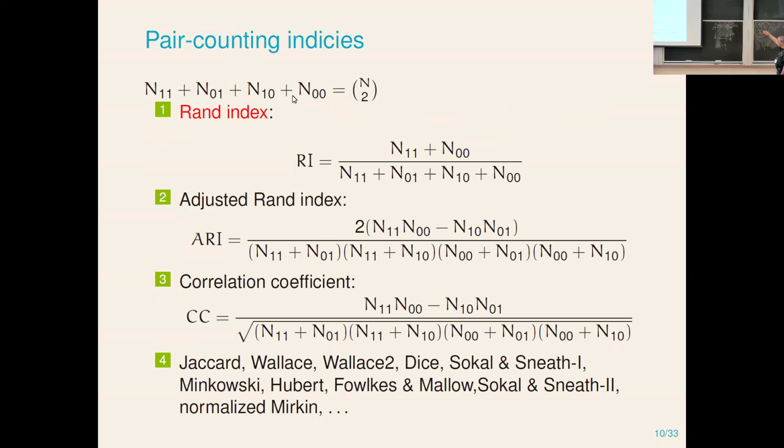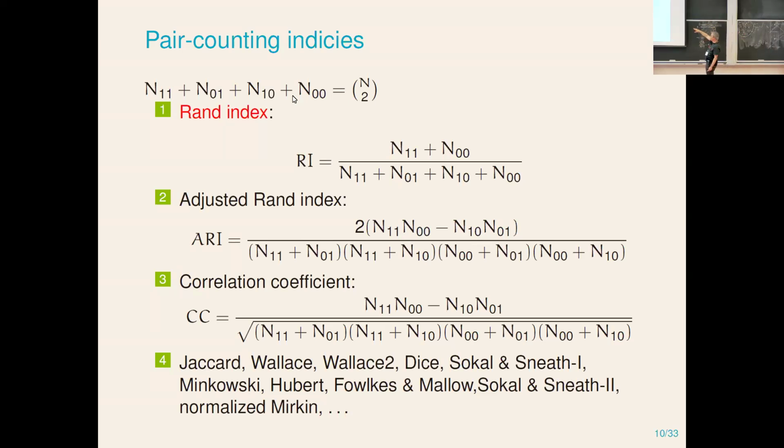And here you have a few very famous pair counting similarity indices. The Rand index, which was defined in '71, if I recall well. That's the number of pairs for which the two clusterings agree, because they tell you basically the same. They are in the same cluster in both, or they are in different clusters in both, divided by the total number of pairs. And then there are several other indices like this.